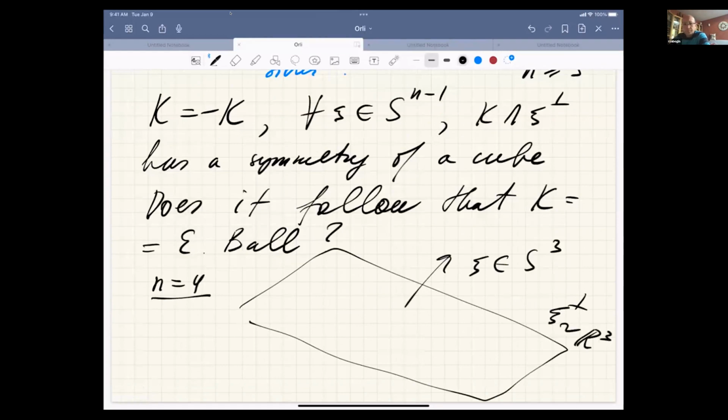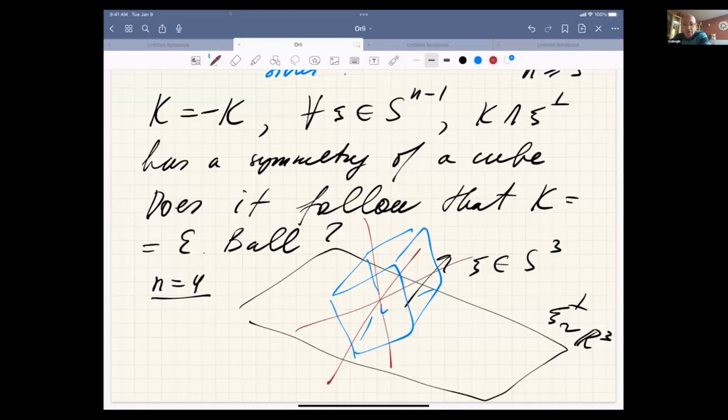It's like R3. And then if you want to have the symmetries of the cube, you don't know how your cube is located inside R3. In other words, you don't know where your axes of rotation are. So this is what you lost, and this is very essential. You lost your axes of rotation, so you lost variables. So you may not argue that simply anymore. This is the idea, okay?